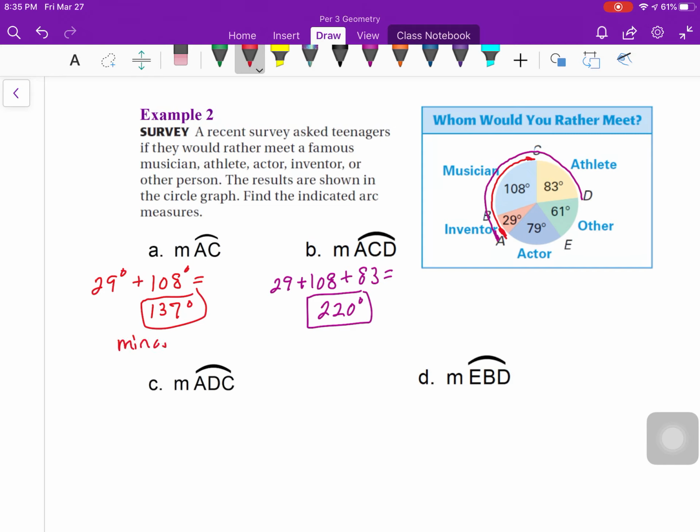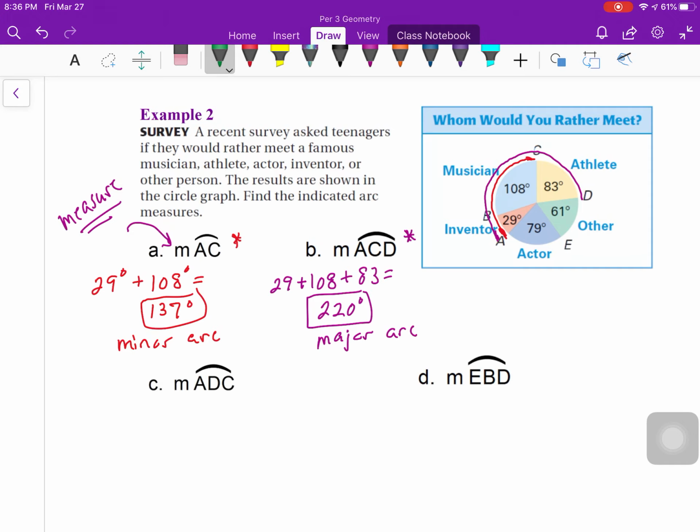If we were to classify those arcs, this first one would be a minor arc. Notice it was named with two letters. The second one is larger than 180, so it would be a major arc. Notice it was named with three letters. When we put the M in front, we're referring to the measure of the arc. So we're not naming the arc, we're looking for the number of degrees.